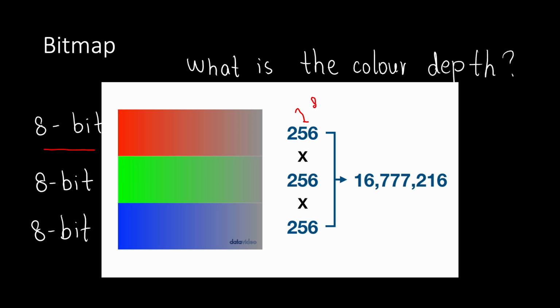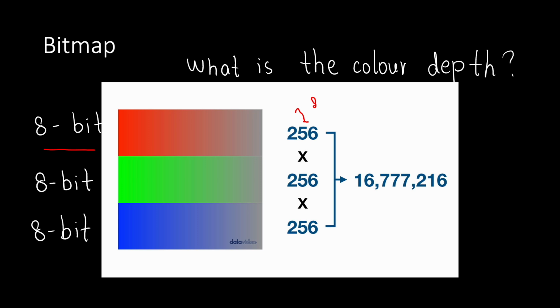We have 8 bits for the green color and also 8 bits for the blue color, and this will give us around 17 million combinations of color. So for each individual pixel, we use 8 bits to store red, 8 bits to store green, and 8 bits to store blue. So what is the color depth of this image?